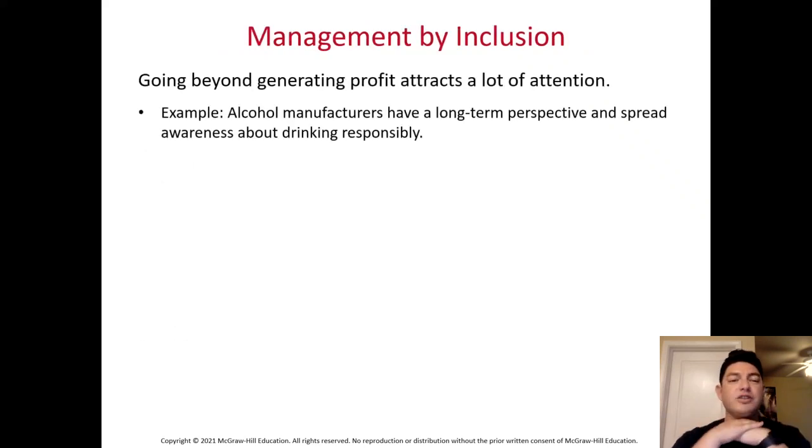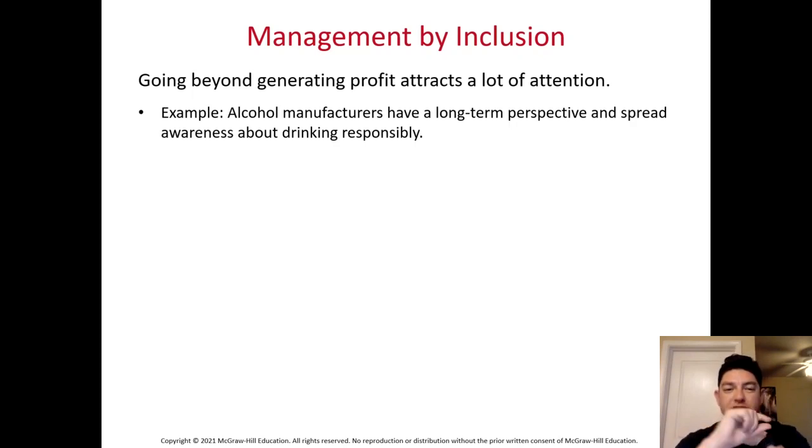Management by inclusion. So we have going beyond generated profit attracts a lot of attention. So example, alcohol manufacturers have a long-term perspective and spread awareness about drinking responsibly. So our alcohol manufacturers, they have commercials and all kinds of marketing and advertisements, but they also have a warning label on a beer bottle, or a warning on the commercial or whatever.